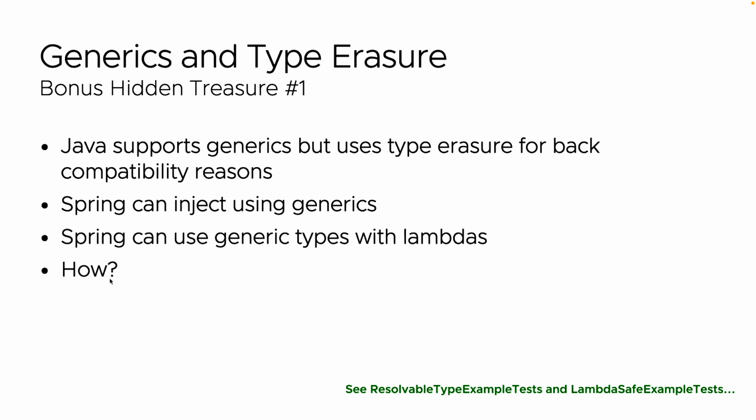If you've used Spring for a while, you'll know that you can inject things like a list of this type of bean or an ObjectProvider of this type of bean. And Spring has got to be able to look at all the bean definitions that are available and inject the right types. However, if you know anything about generics, you may know that that information isn't available in the object.